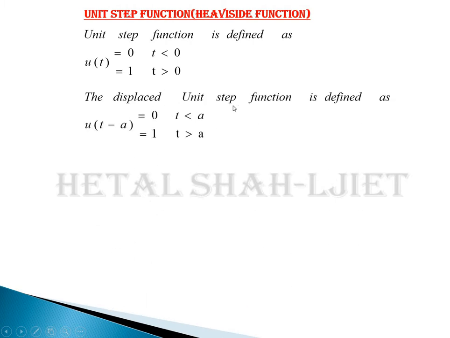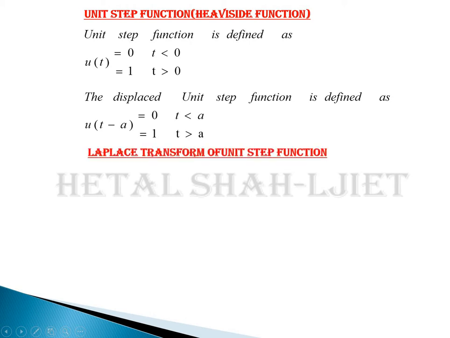The displaced unit step function is defined as u(t minus a) equal to 0 where t is less than a, and equal to 1 if t is greater than a.